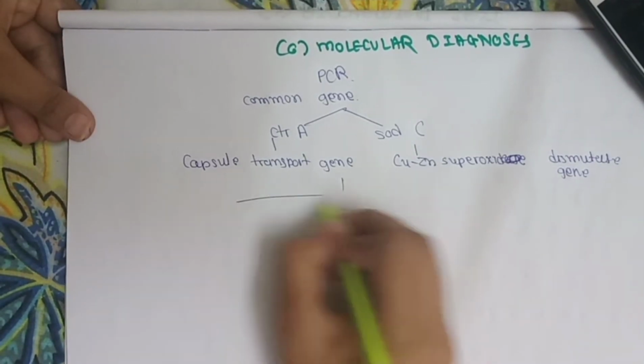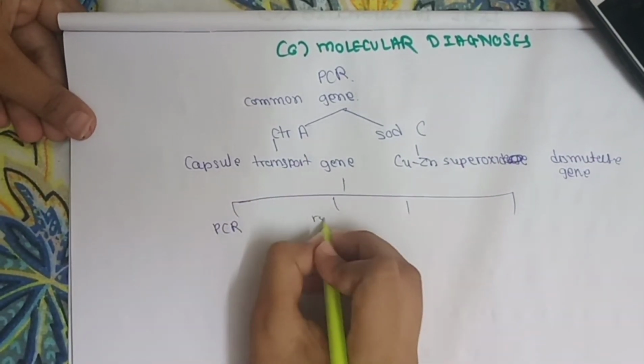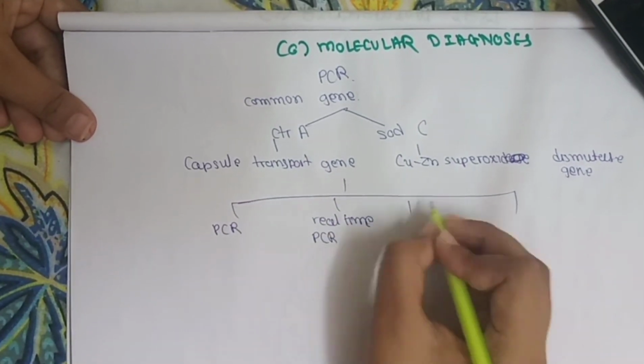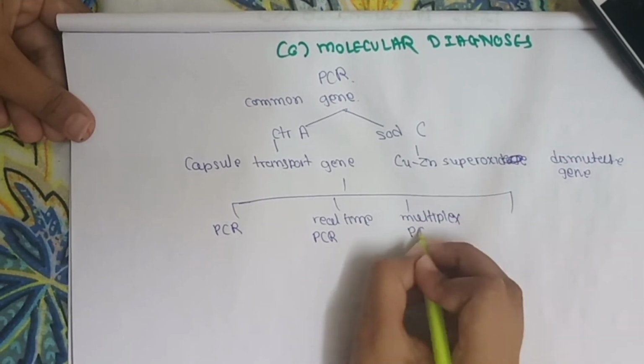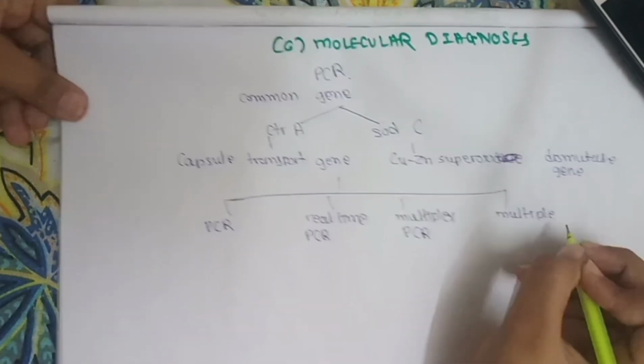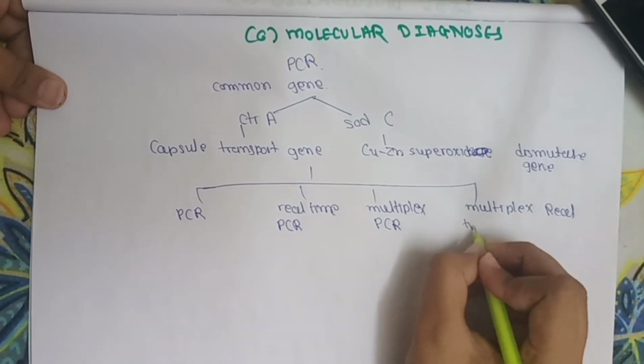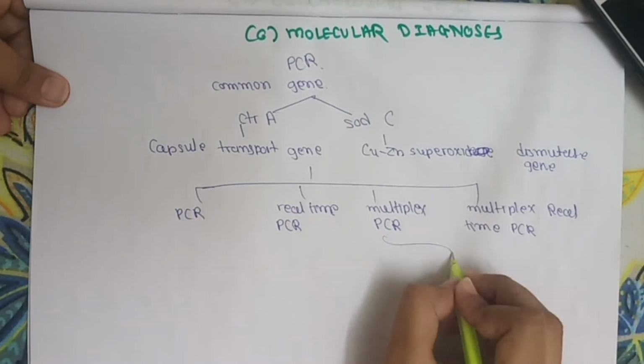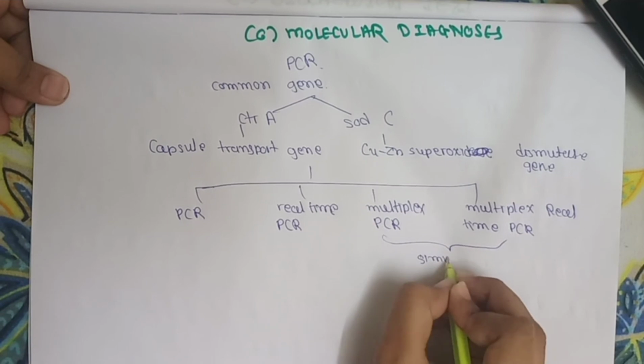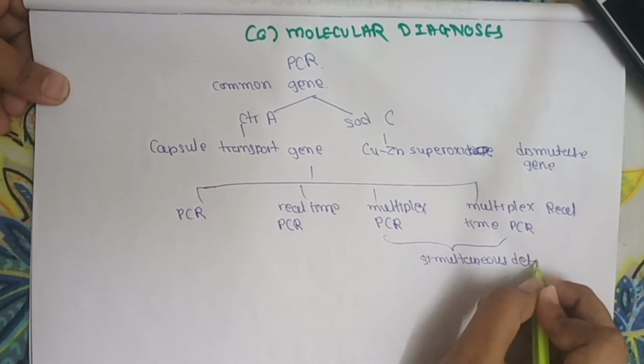So we do PCR like real-time PCR, which is more sensitive, multiplex PCR and multiplex real-time PCR. These both can be used for the simultaneous detection of common antigens of pyogenic meningitis.